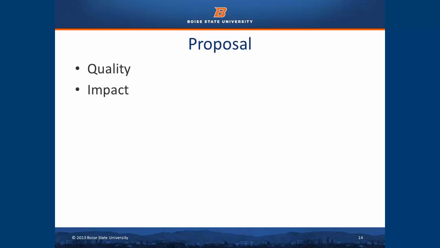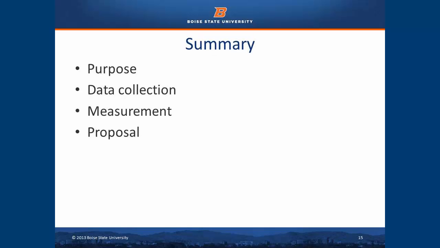The purpose of a proposal is typically twofold. One, the quality of the proposed project is evaluated to ensure that the project is performed according to ethical standards of the approval agency. Two, the impact of the proposed project is evaluated. Frequently, proposals are returned with required revisions necessary, so do not get discouraged if you submit a proposal and revisions are requested. Once the revisions are made, the proposal may be accepted and approved.